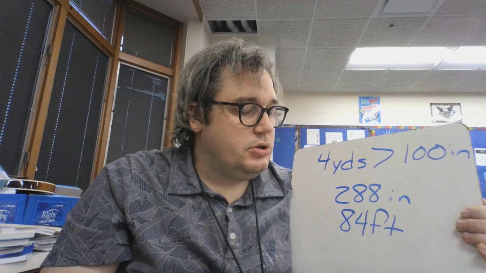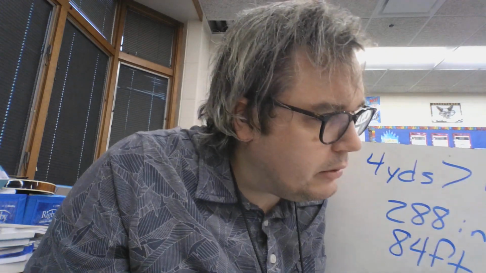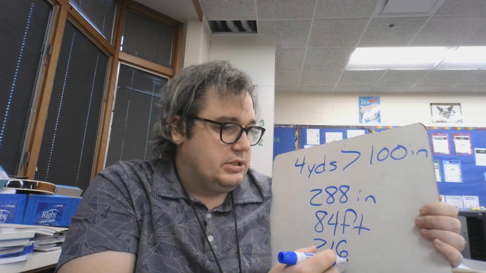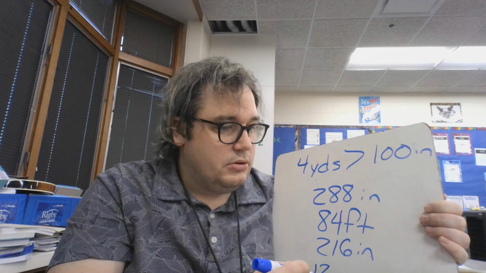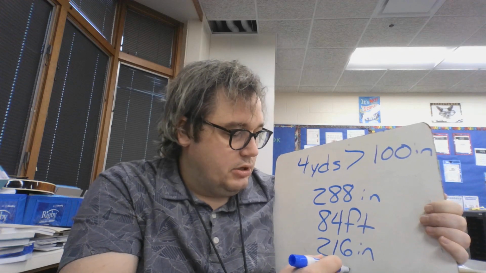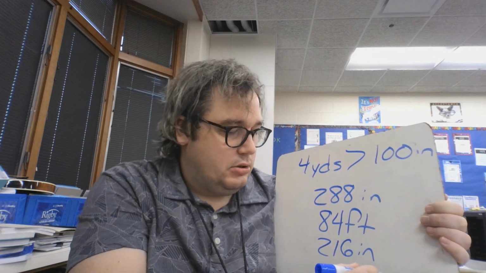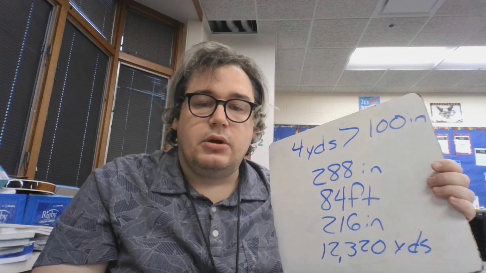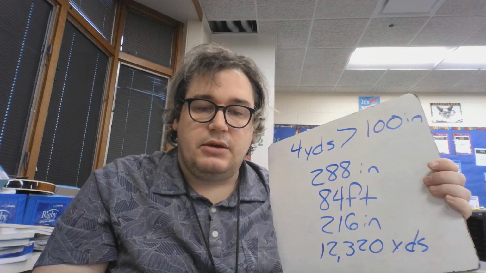And number 10, you should have found that 18 feet is equivalent to 216 inches. And on number 11, you should have found that 7 miles equals 12,320 yards. Okay? Now, if you missed any of those, you need to go back and see if you can figure out what your mistake was.